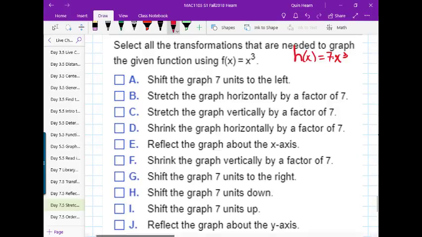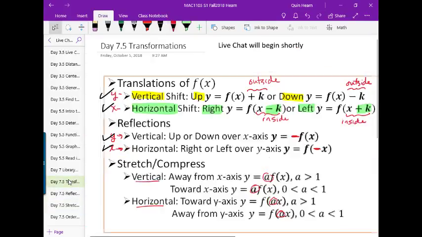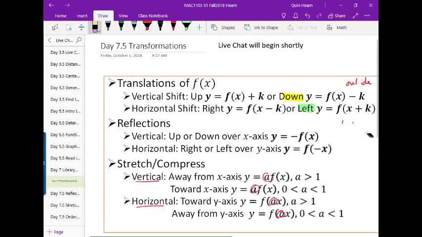Okay, so let's go back to our list of the different types of transformations, right? So, I'll clean this up a little bit. All right, so let's look at the different types of operations and what type of transformations they are.